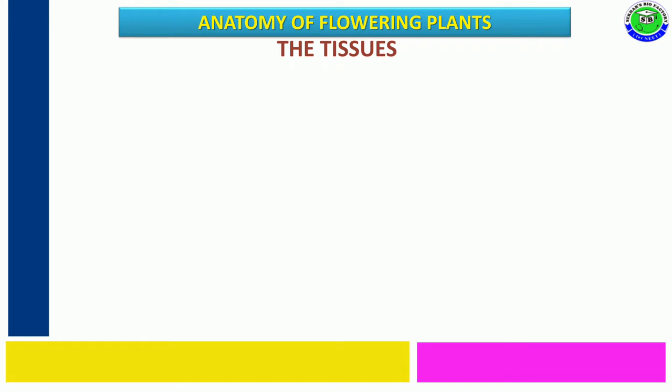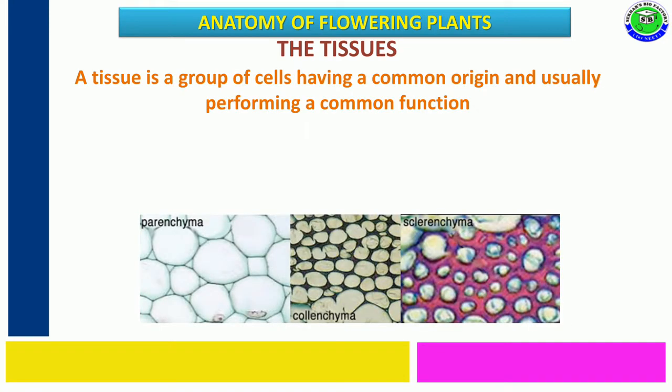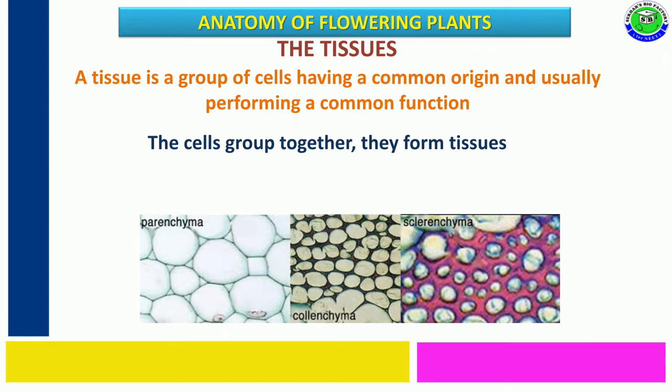The first concept is tissue. A tissue is referred to as a group of cells having a common origin, and these tissues can perform a common function. All cells present in a tissue are similar in structure.